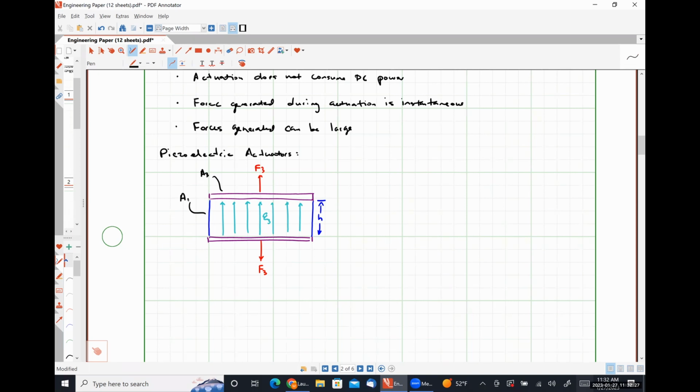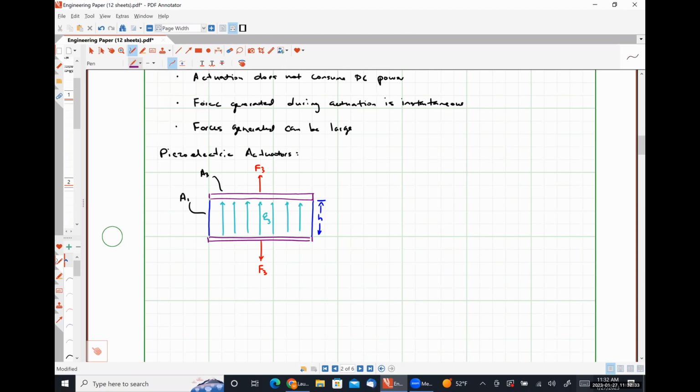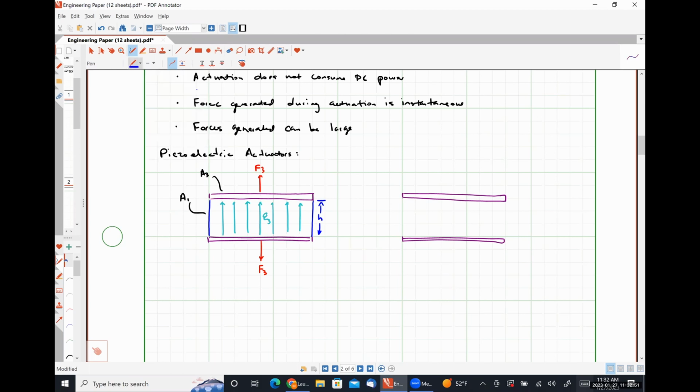On the left-hand side here, we have a longitudinal actuator. I'm going to draw a transverse actuator over here on the right. It's effectively going to be the exact same thing, except that now our deformation is going to occur along the length of the actuator, so in the 1 direction.